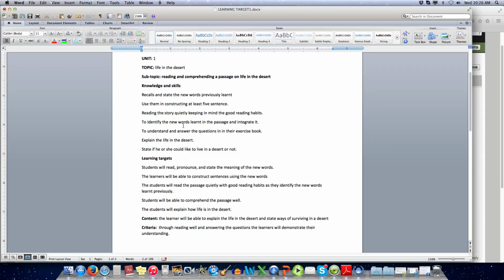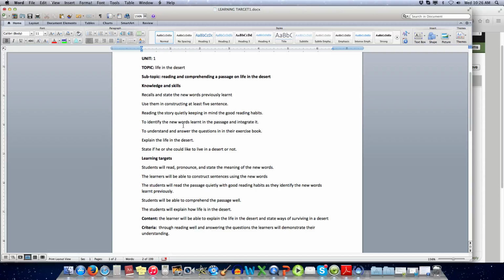As I mentioned in my office hours last week, that would be a good one to do some self-assessment, where students could self-assess if they're using good reading habits. So a learning target for that one could possibly be, while reading the passage quietly or silently, students will self-reflect on their reading habits, or something like that. That could work there as well.